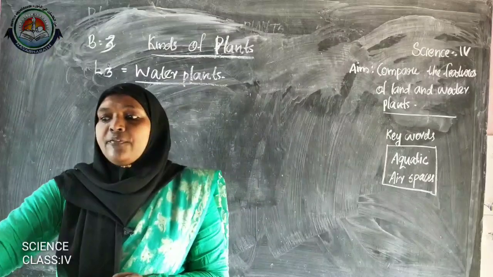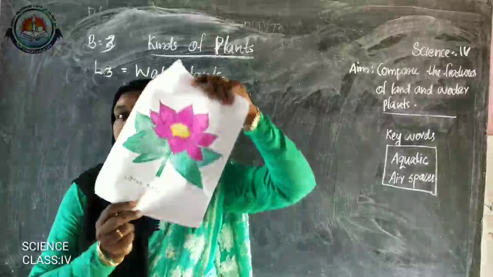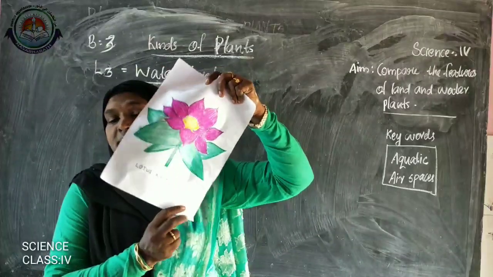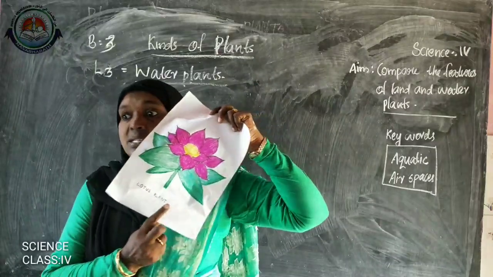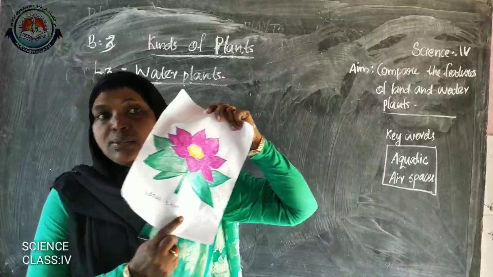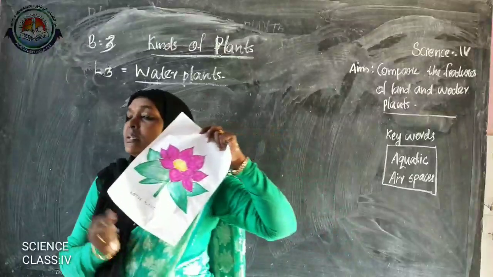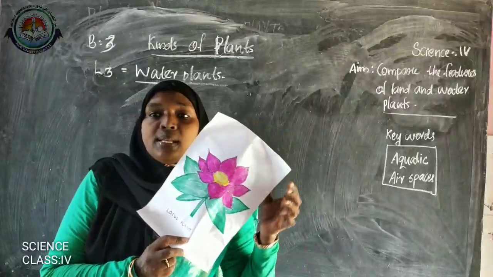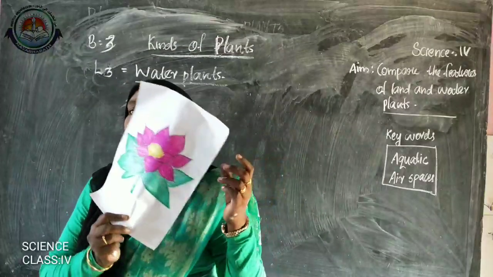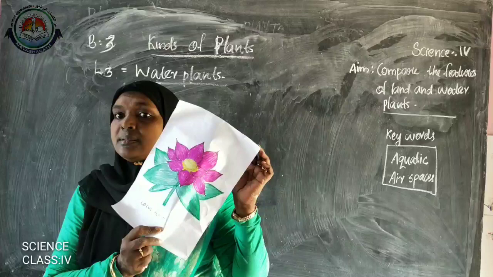Then which plant is this? Yes, lotus. Does this grow on land? No. Where is it? In water. So, how is a lotus plant different from a plant growing on land?